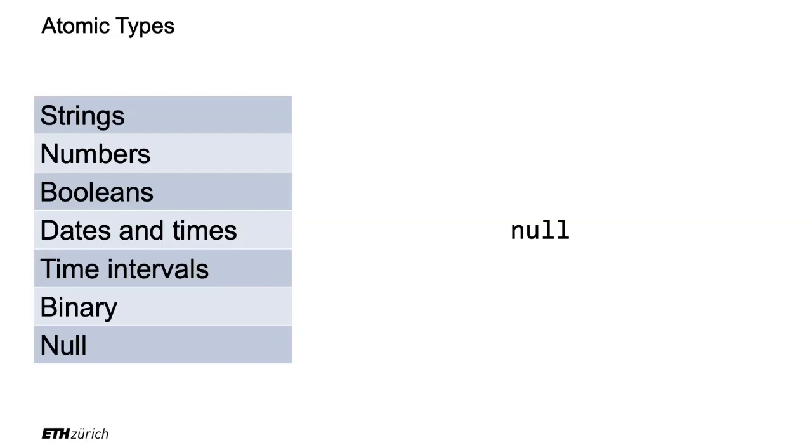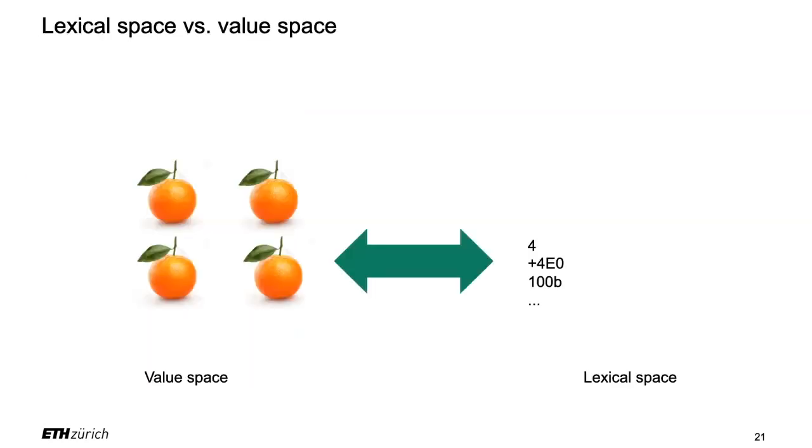But for numbers, Booleans, dates, and times, it's more complicated than it seems to actually have it as text. And this is why we have a distinction for atomic types between the value space and the lexical space. The lexical space for a given type is all the possible textual representations of values. I insist on textual representation of value.